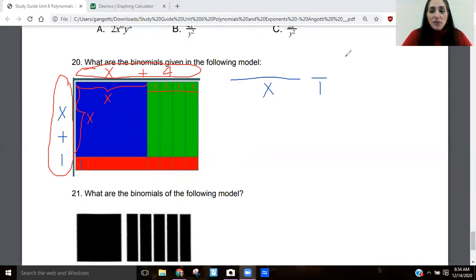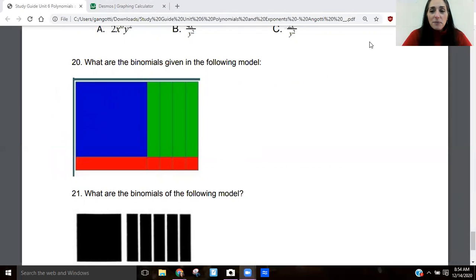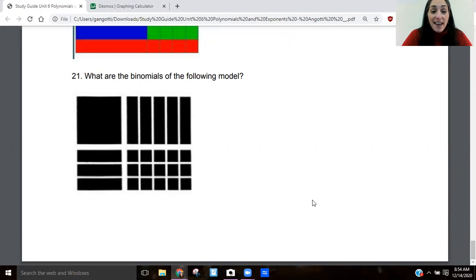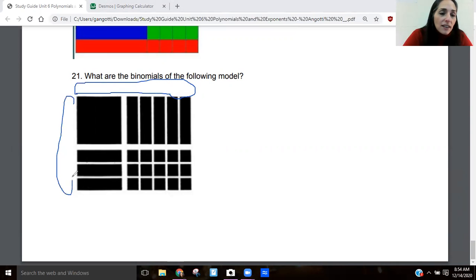Okay, so I'm going to clear my drawings and I'm going to move down to 21. 21's a little bit easier to look at because they have it all like broken up. All you need to do is tell me what is along the top and what is along the side. Okay, so let's see here.